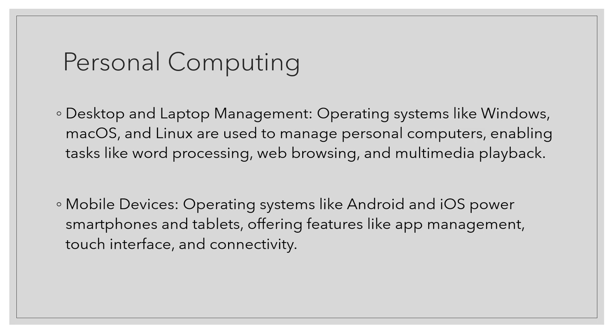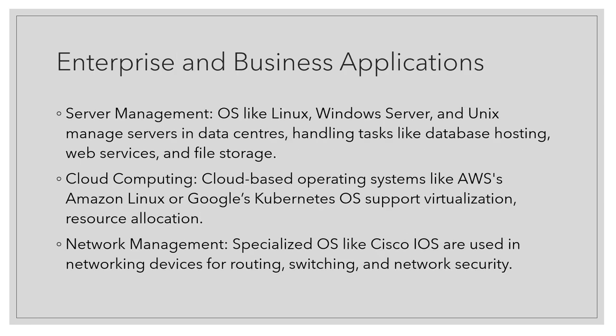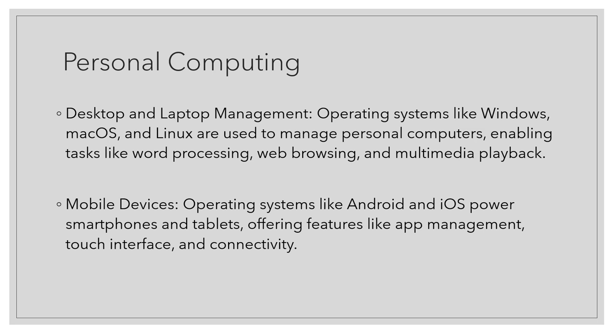These are the applications, and your mobile is providing Android software and iOS software. These types of software give some features, like app management. We have cloning of apps, so in one mobile we can use two apps at a time. Then there are interfaces like touch screen sensing, and connectivity. Personal computing has these types of things.